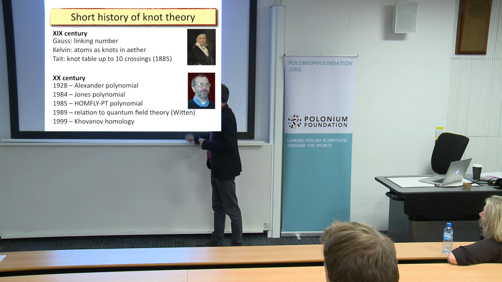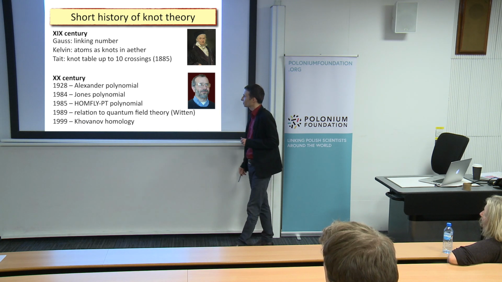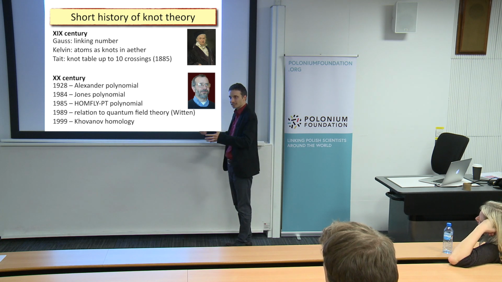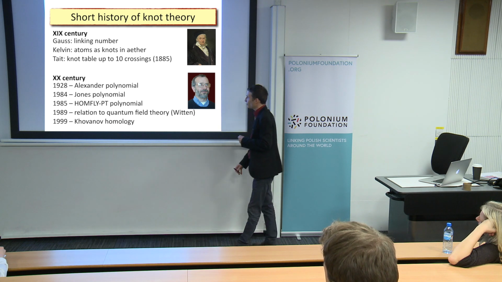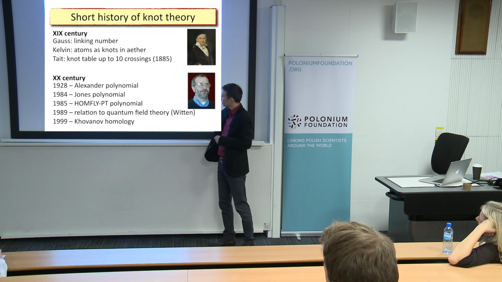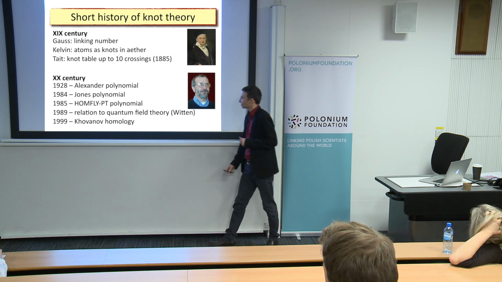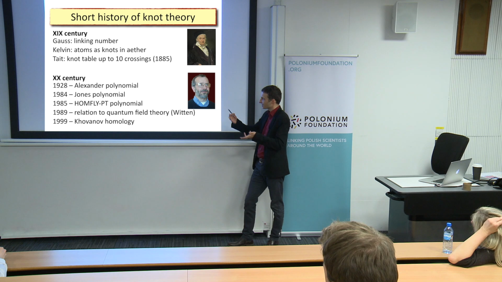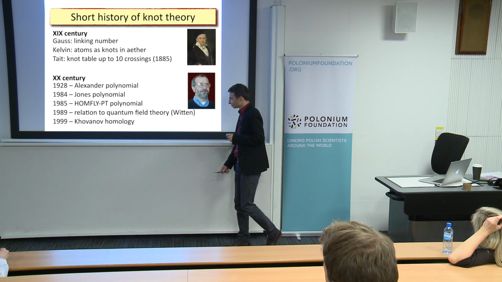In 1989, it was found that these knot polynomials are related to quantum field theory and to physics in some way, which I will describe briefly in a moment. But this is also a very important result which brought these two fields somehow together, like theoretical physics and knot theory.